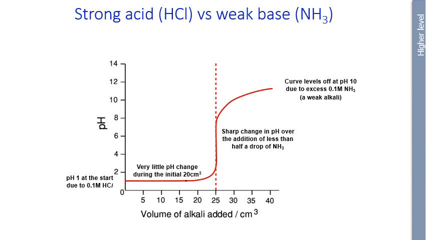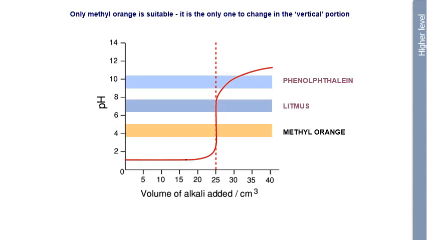So it's kind of similar. Now, in this particular case, we can no longer use phenolphthalein, and we can no longer use litmus as acceptable indicators. Only methyl orange is going to be suitable because it's the only one to change in this vertical portion, in the actual endpoint, which is in the range of around about pH 4.